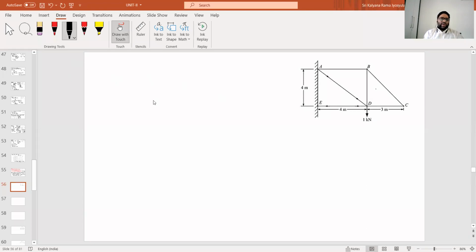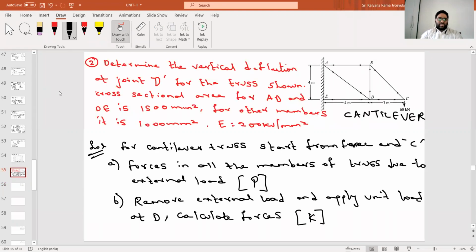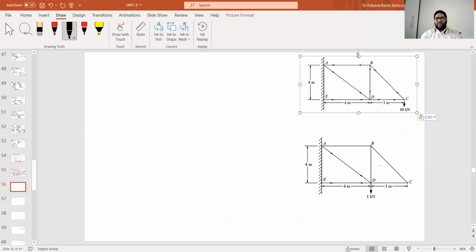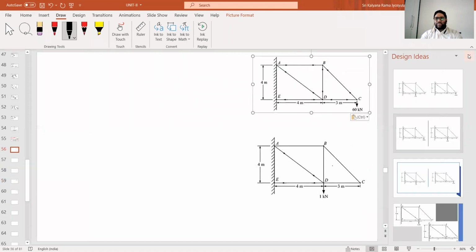Now let us take the same truss and calculate the forces due to the external load first.